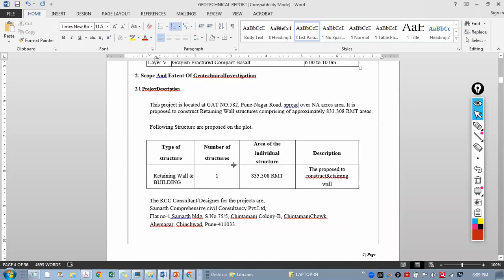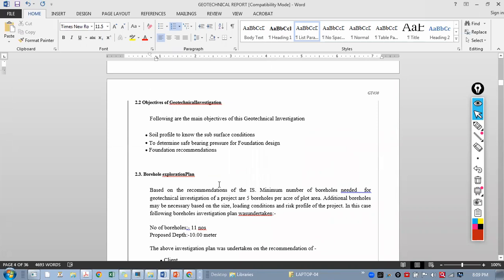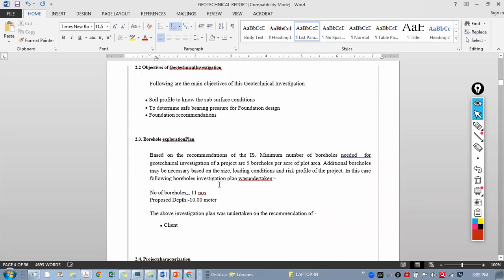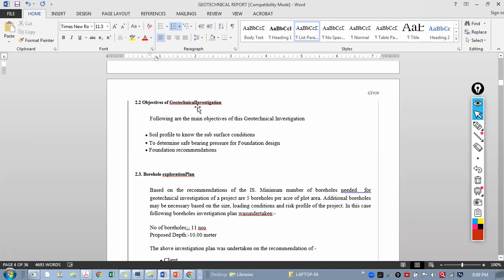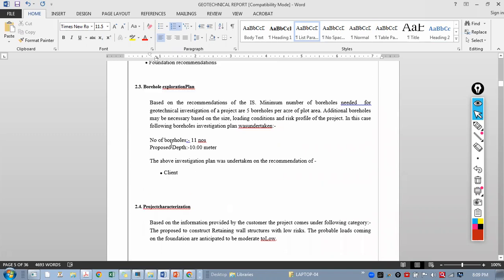And the other data is about their geotechnical investigation actually. So you should read this kind of data. This is the objective of the geotechnical investigation: to calculate the SBC and to decide the foundation suggestions. There may be a number of boreholes.